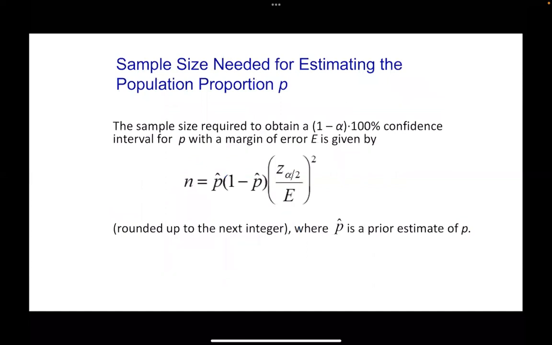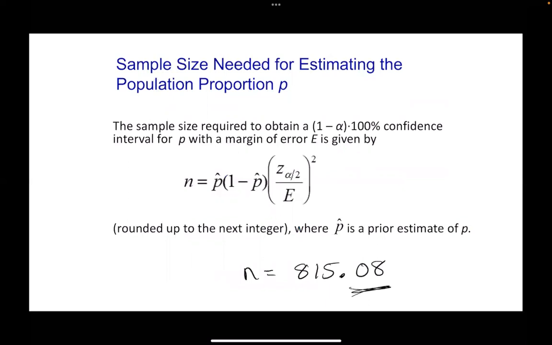When we get our sample size, we have to round up to the next number. Let's say that I got an answer of n equals 815.08. 815 isn't a big enough sample size to satisfy things because I need something more than 815.